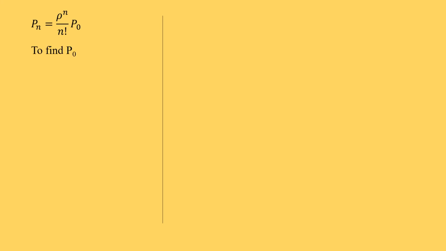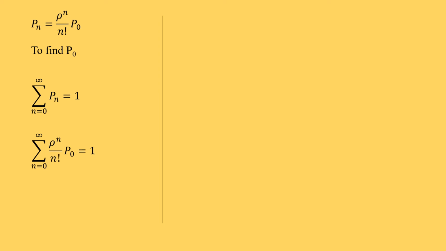Now P naught can be obtained by taking the sum over Pn from 0 to infinity and equating it to 1. Sum of all probabilities always results in a total of 1. Let us now substitute the expression of Pn in this.